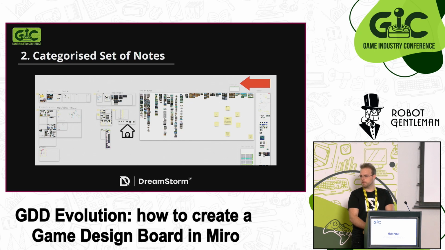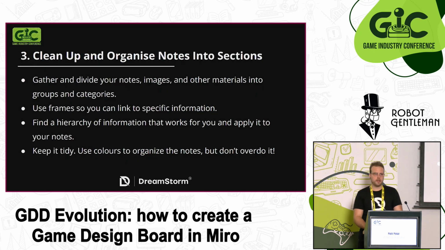So each one of those frames is related to one part of the prototyping phase. So prototype of movement, prototype of art, prototype of different mechanics, different puzzles, and they all share a part in this board. After this, we went ahead and started to clean up all the information.